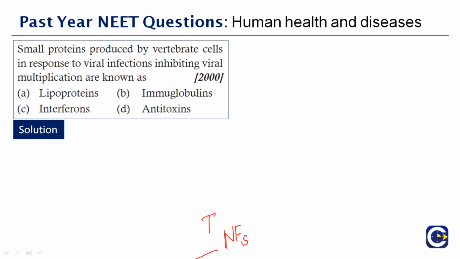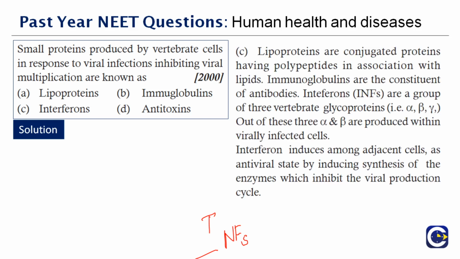You have alpha, beta, and gamma. Out of these, alpha and beta are produced within the virally infected cells. Interferon induces an antiviral state among the adjacent cells by inducing the synthesis of enzymes which inhibit the viral production cycle. Therefore, the right answer to this question is option C, interferons.